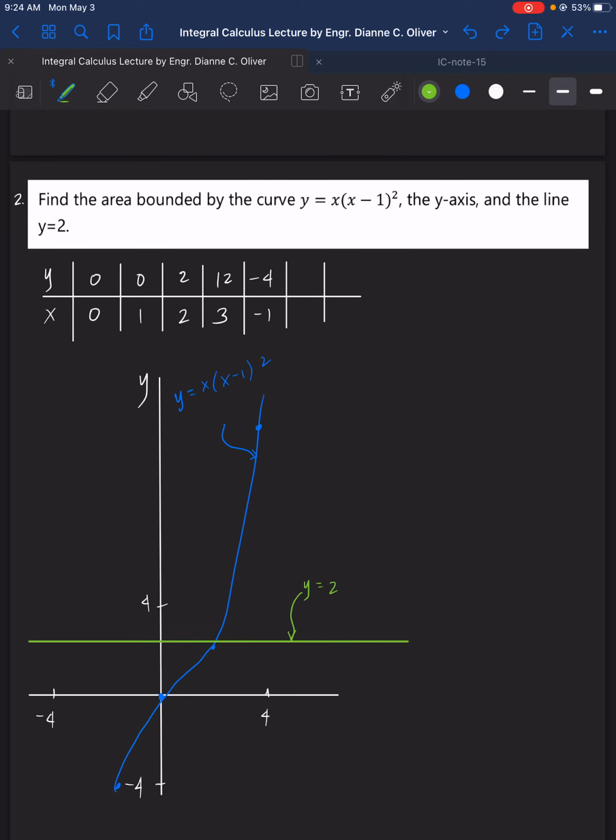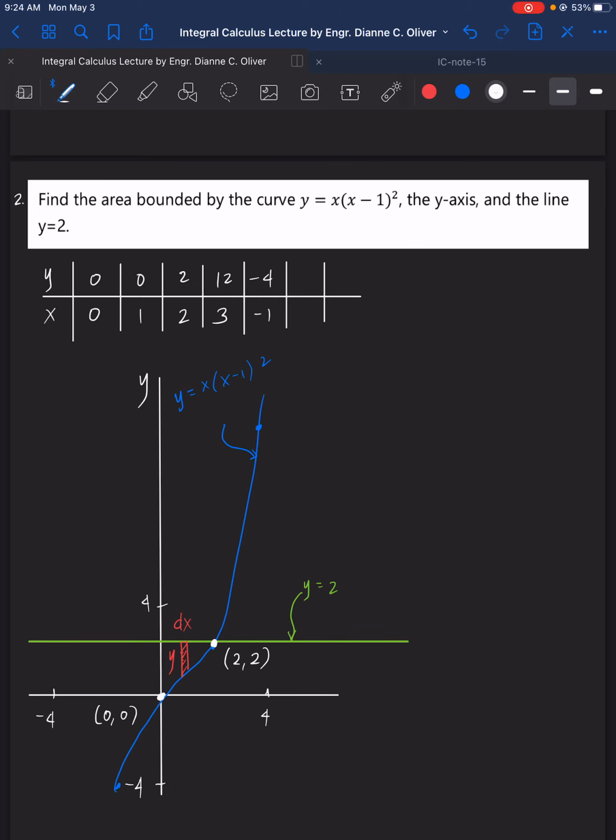So let's have the vertical area strip. First, let's try the vertical area strip. So this is dx y. So the boundaries are the point 0, 0, the origin, and then this point here. What point is that? That is 2, 2.